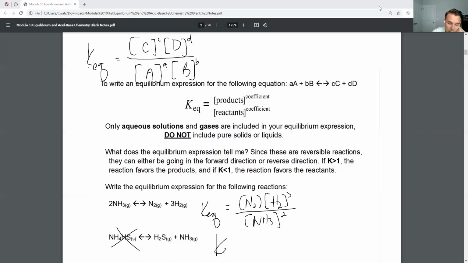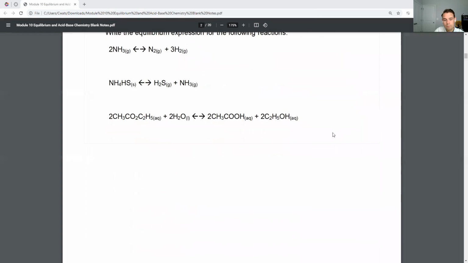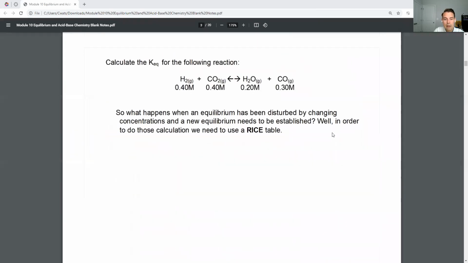So my equilibrium expression would merely be the concentration of H2S times the concentration of NH3. Yep, and that'd be it. So products raised to their coefficients divided by the concentration of the reactants raised to their coefficients. Very straightforward. Now let's calculate it.